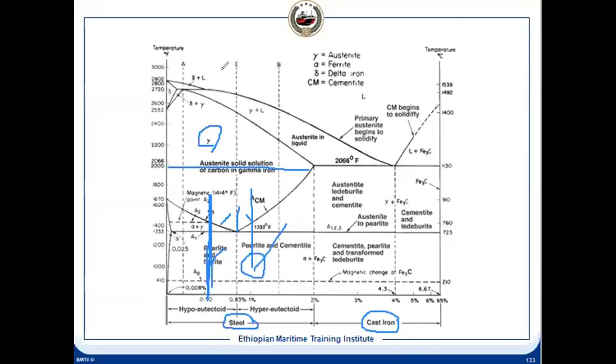It will remain almost the same structure, in which the carbon solubility is high. I'll come to this diagram, then it will be very clear to you. Understood? If you move this way, there will be changes because of carbon content.